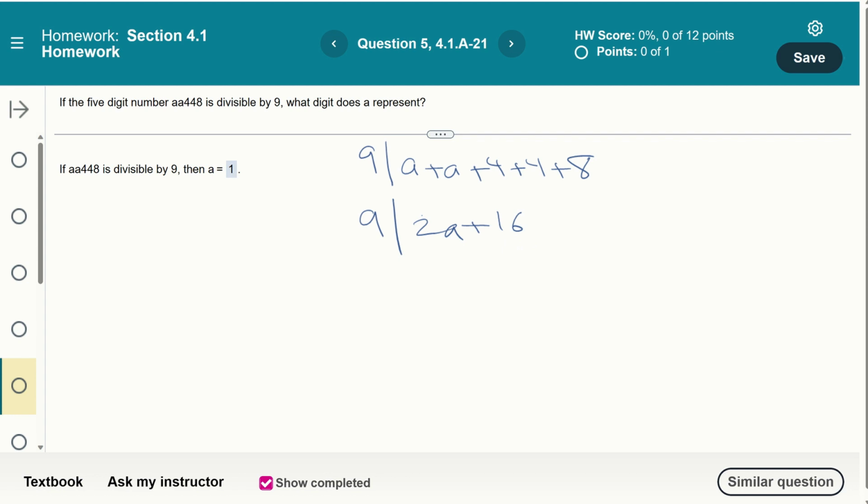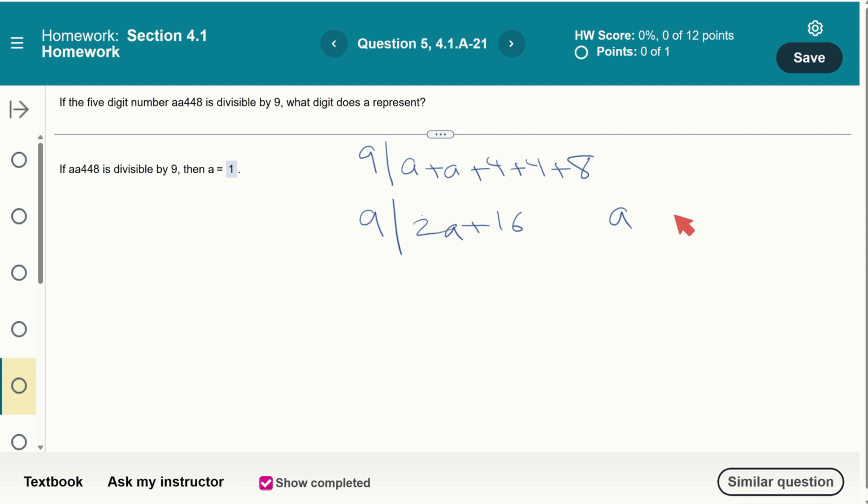So again, a lot of this material becomes really easy if you become really organized about your approach. So basically, I want to test some values now, possible values for A. What are the possible? A is just a digit in a number, right? So it can be anywhere from 0 to what? To 9, right? So here I'm going to make a table.